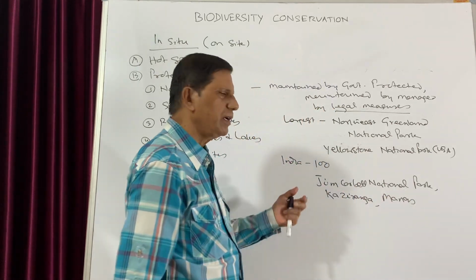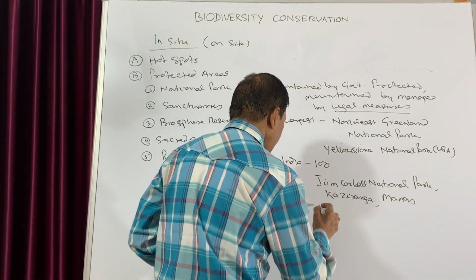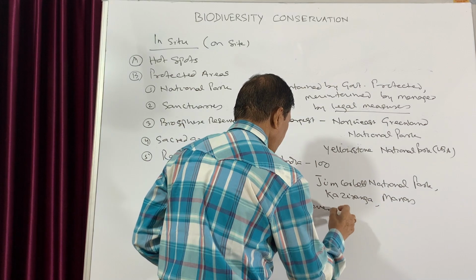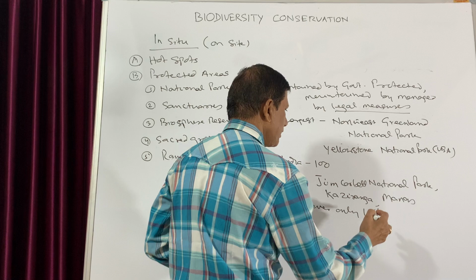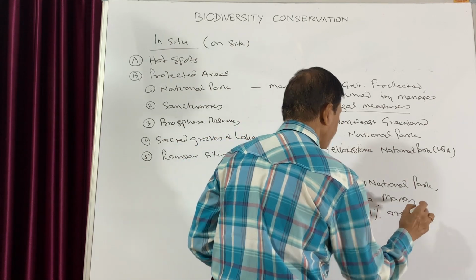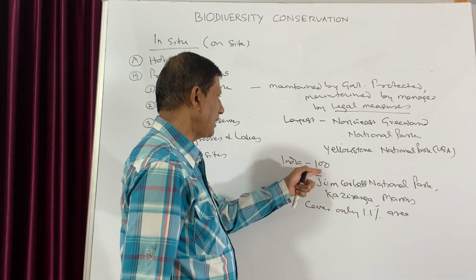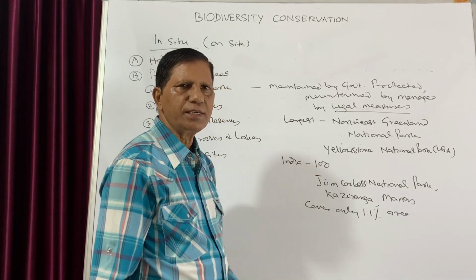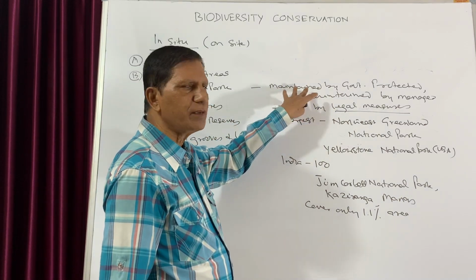These are some of the national parks present in India, and they cover only 1.1% of area. So it is protected by different legal measures and it is maintained by government.